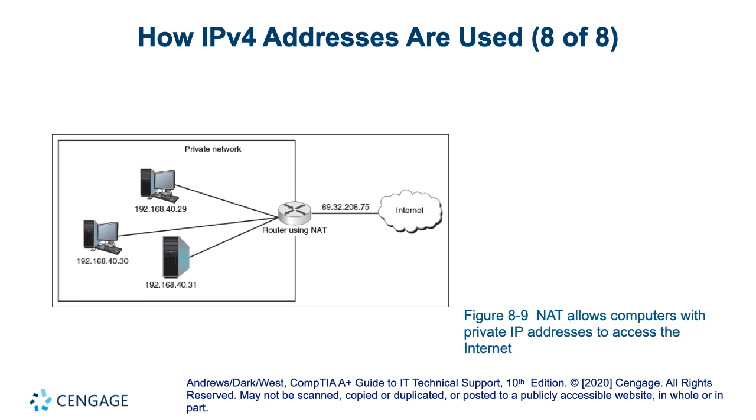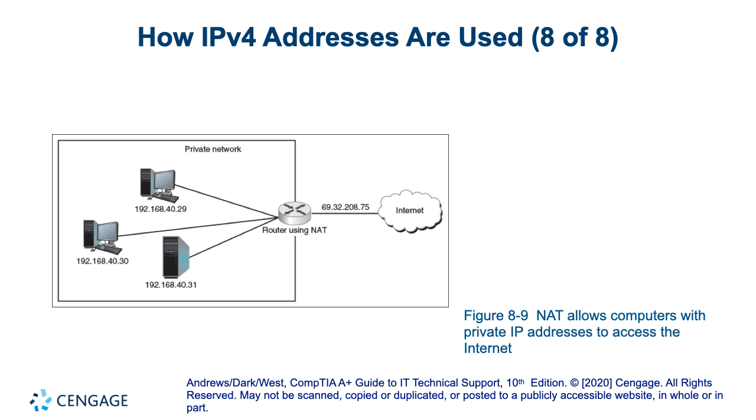Here are 3 computers using the same public IP address. And so it's the same concept. The router has the public IP address, the 69.32.208.75, but all the internal computers have a private IP address, the 192.168.40.29 through 31.